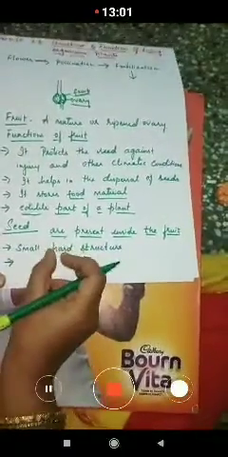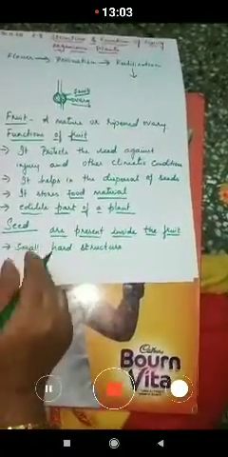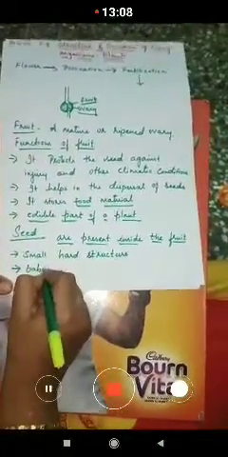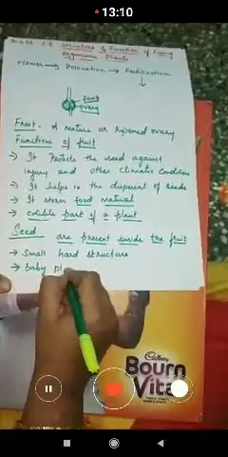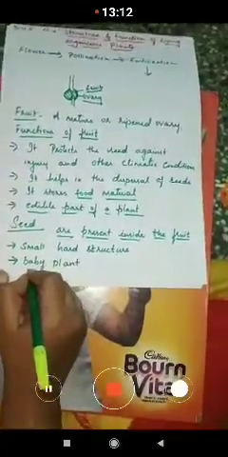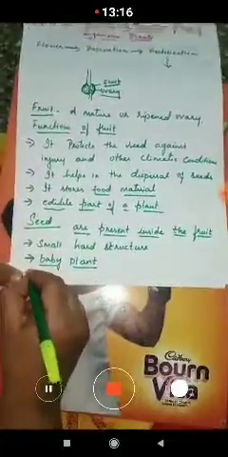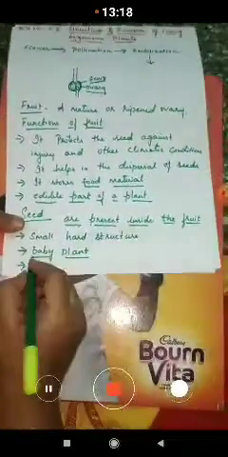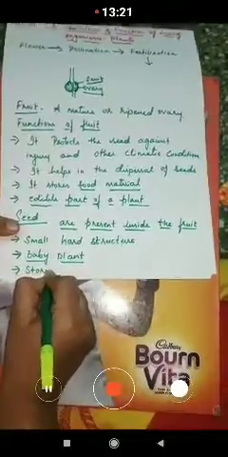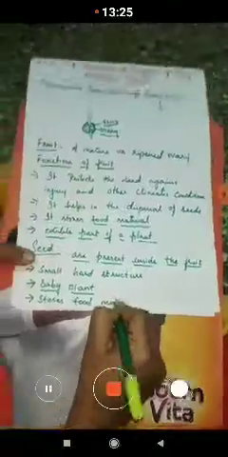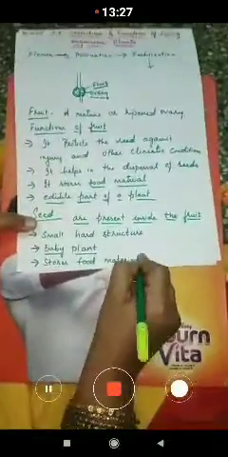Now this seed, as it is a hard structure, children, inside the seed we can observe a baby plant. What we can observe, children? Inside the seed, a baby plant is present. Okay, and this seed stores the food material for the baby plant.